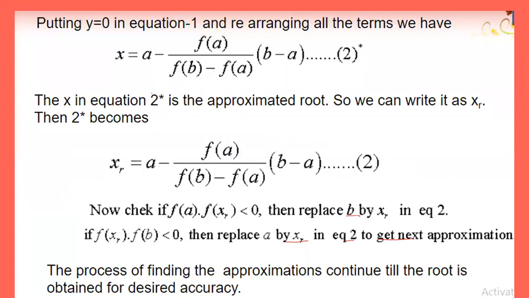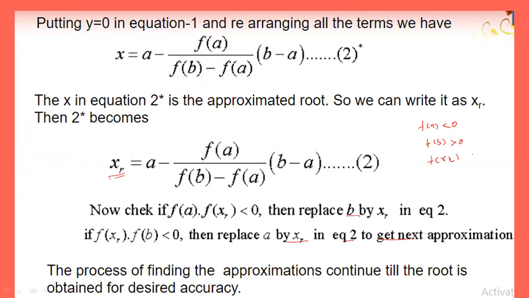So first choose two values a and b with opposite signs. Then find the next iteration: xr is equal to a minus f(a) by f(b) minus f(a), into b minus a. For example, f(a) is less than 0 and f(b) is greater than 0. You find the f(xr) value.